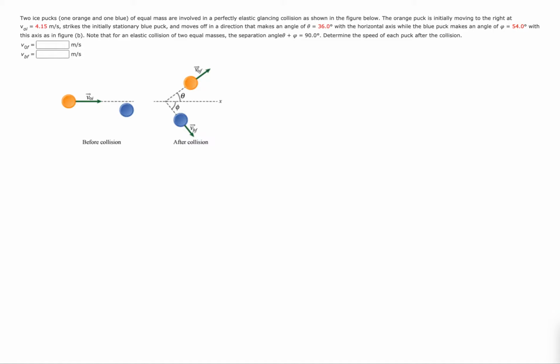This is going to be an elastic collision of two equal masses, and there's a separation angle of 90 degrees. Determine the speed of each puck after the collision. We have to conserve momentum in the x direction and the y direction.